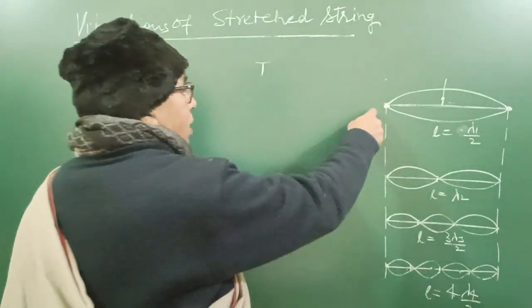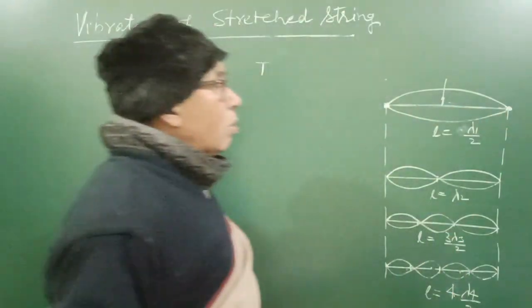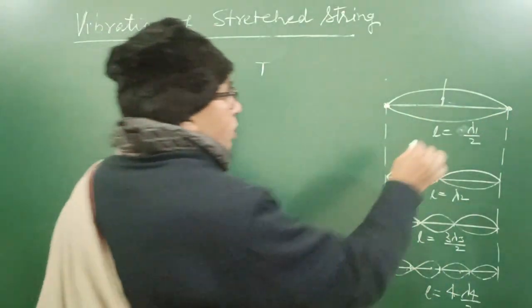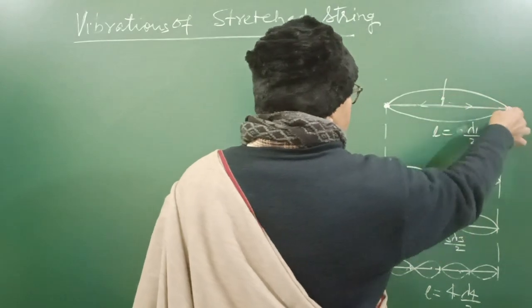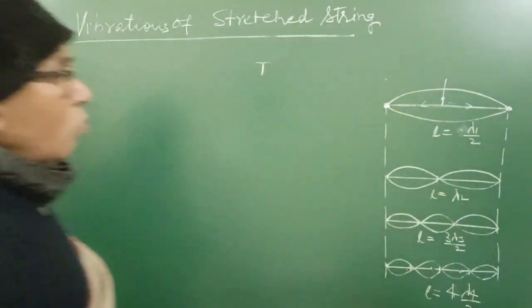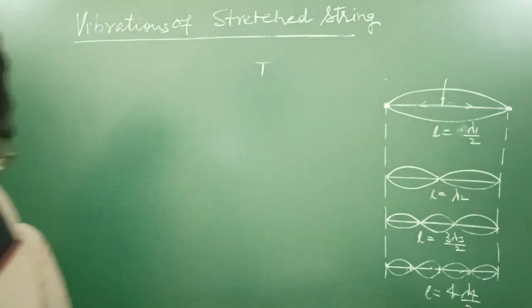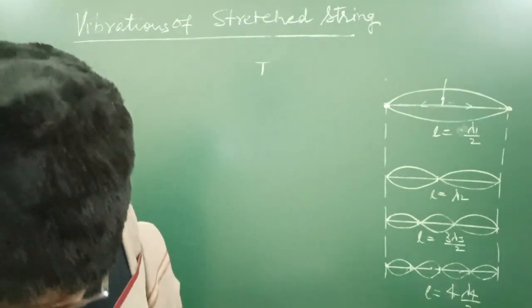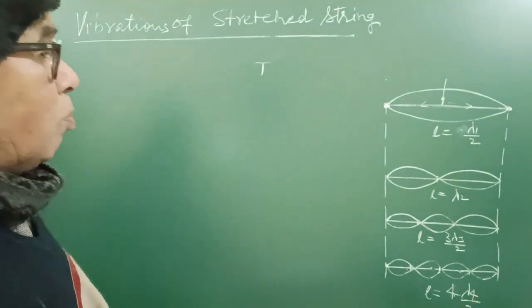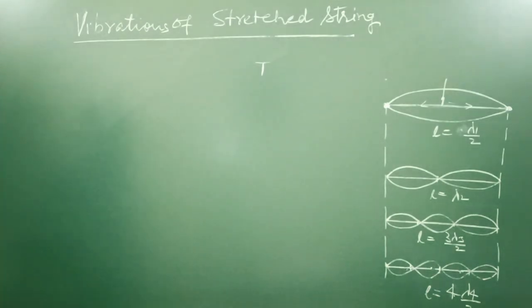So the two ends of the wire act as the boundary, and those waves which travel this way are reflected back, and two waves start traveling in the same bounded medium in opposite direction, superimposing each other, and produce a transverse stationary wave.